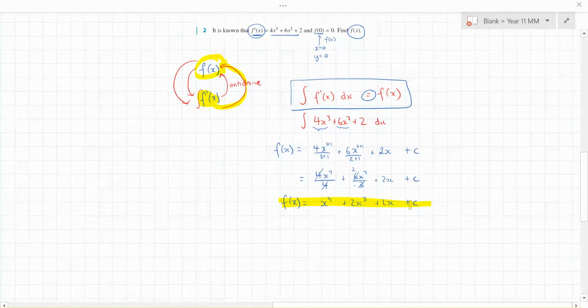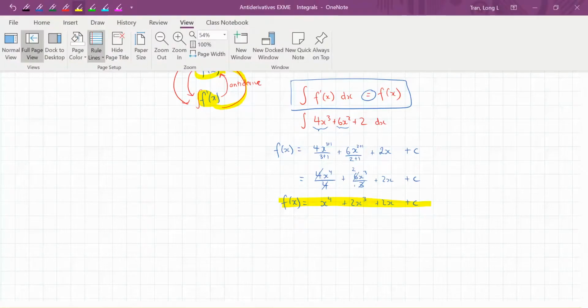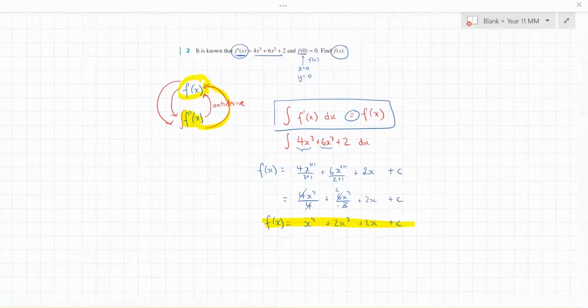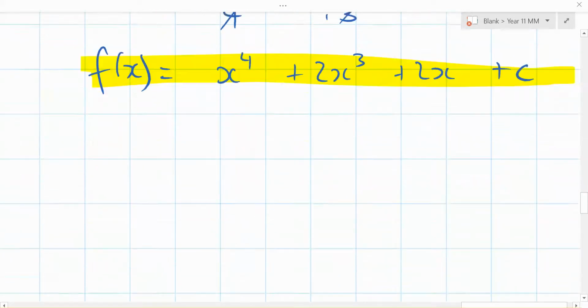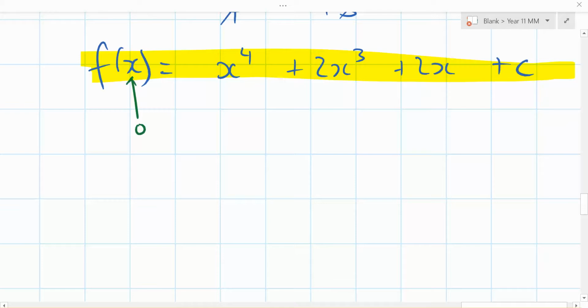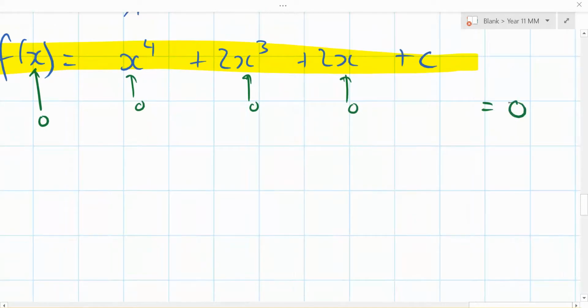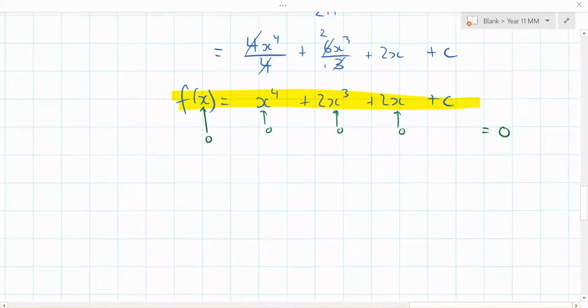Now, how do I find c? Well, they had to tell me something, and they did. They said that if you sub x equals 0 into f, the original function, the result should equal 0, which is technically saying y equals 0. So if I sub x equal to 0, meaning that all these have 0 in them, the results should all equal 0.